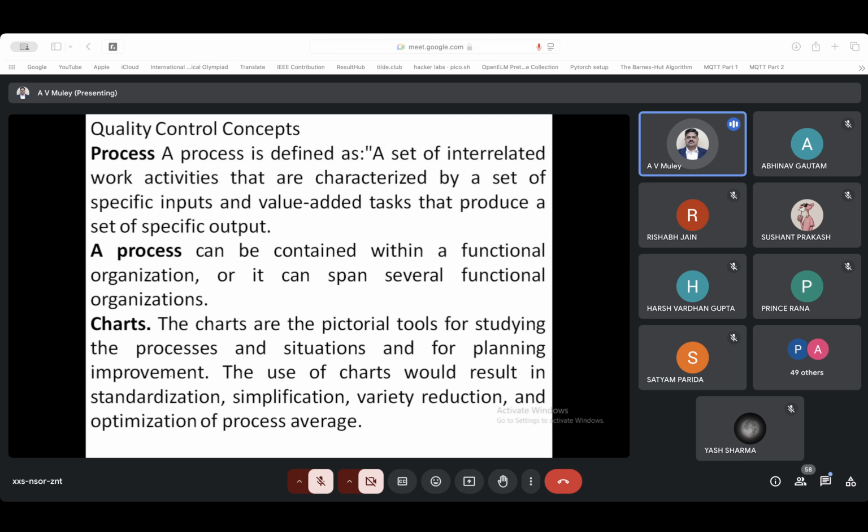To standardize the process, to simplify the process, to reduce the variety. तो वहां से आपको इनपुट मिल जाएगा एंड देन अल्टीमेटली दैट विल रिजल्ट टू द एस्टैब्लिशमेंट ऑफ अ स्टैंडर्ड एंड द ऑप्टिमाइज्ड प्रोसेस कंट्रोल बेसिकली.